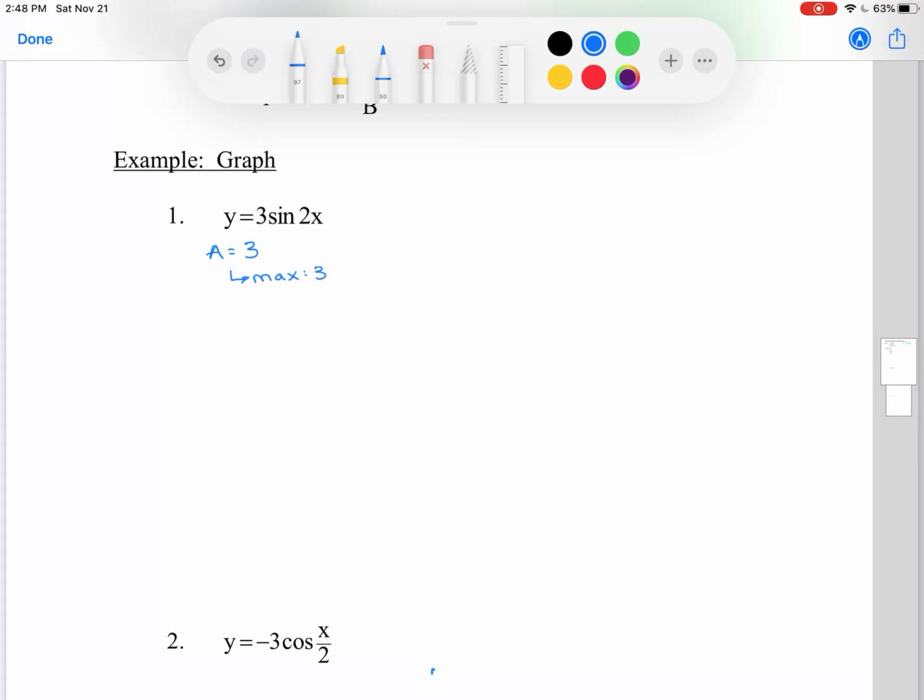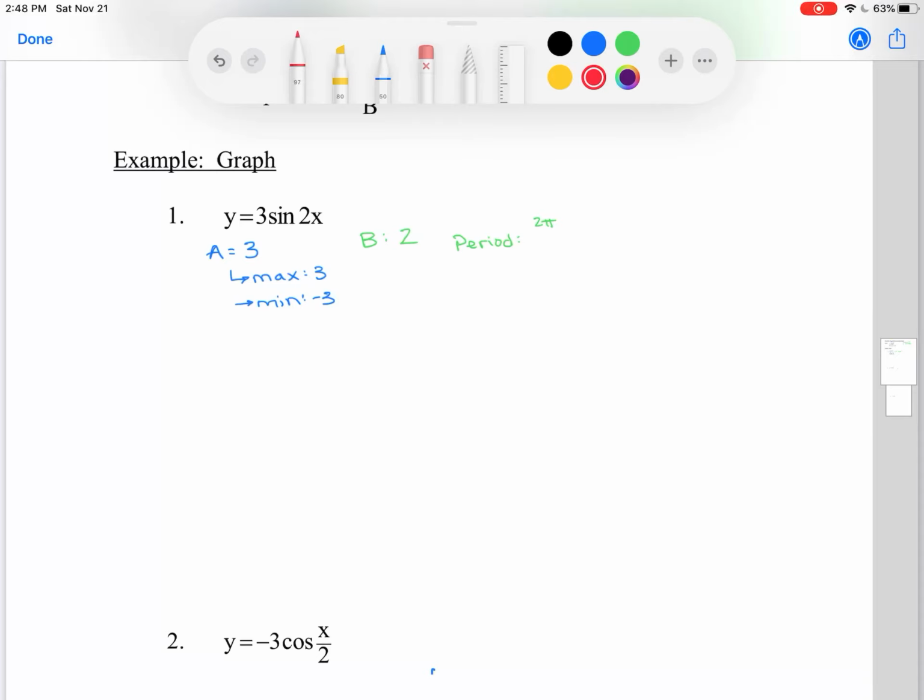We're going to start off by identifying the 2 letters we know so far, my A and my B. So for question 1, I want you to say that letter A, my amplitude, the number in front, has to be a 3. Keeping that in mind, that tells me that my maximum for this graph is going to be at 3, while my minimum for this graph is going to be at negative 3.